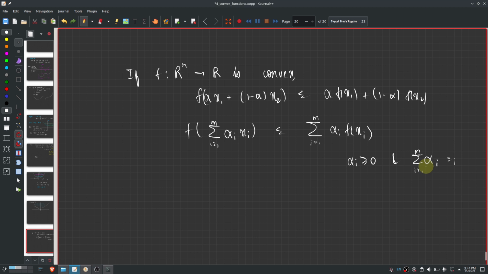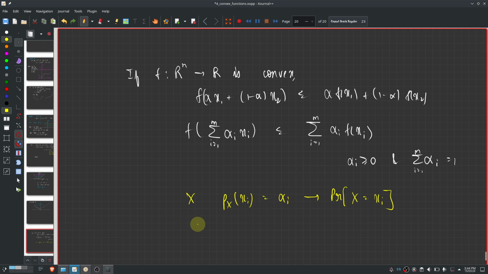And the right hand side, you can think of a random variable x such that the probability that x equal to xi is equal to alpha i. So here we are assuming that x can take one of m different values, x1, x2, x3 up to xm, and you pick xi with probability alpha i.